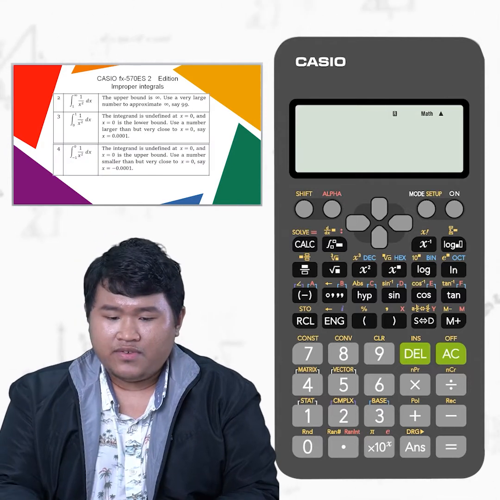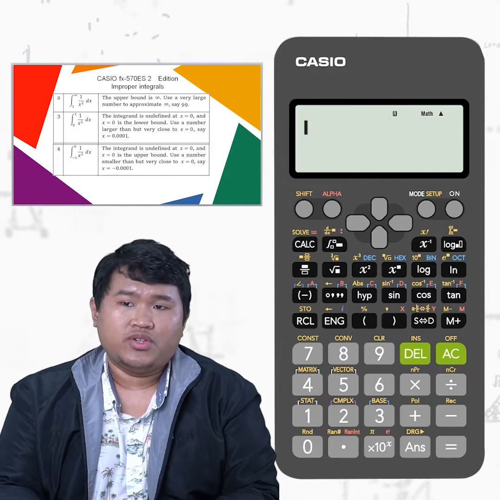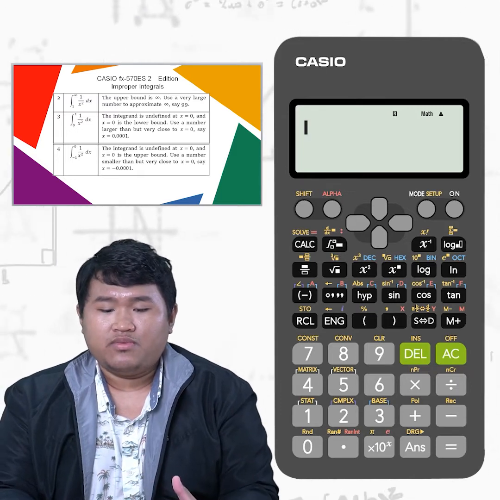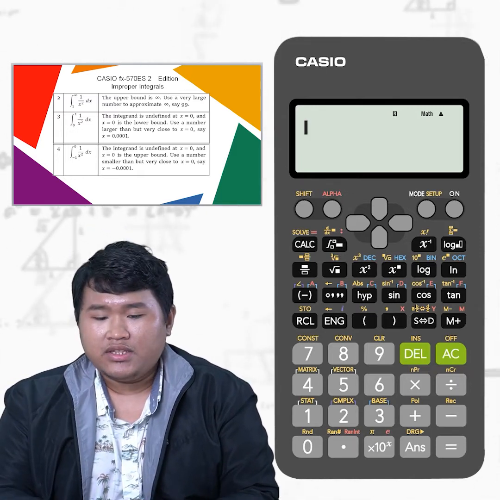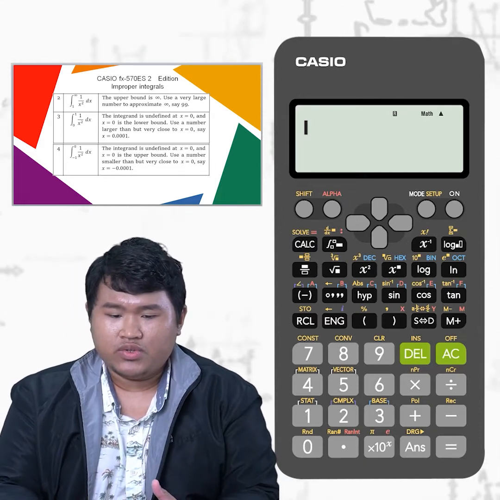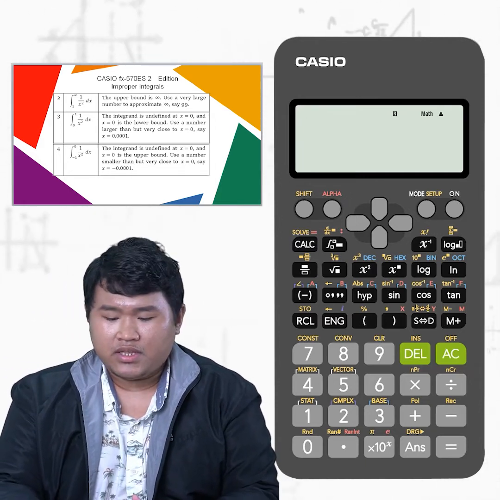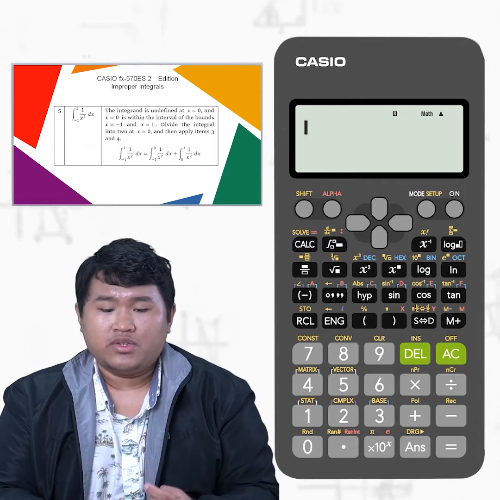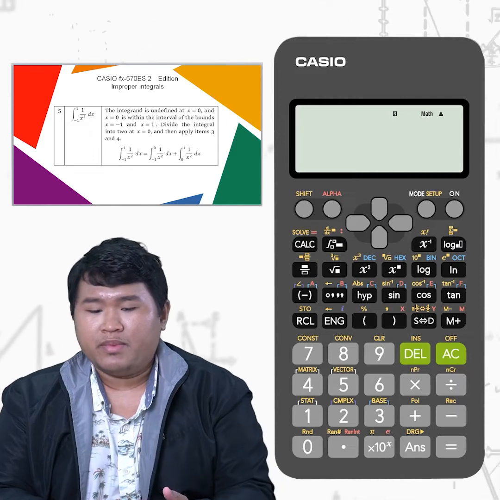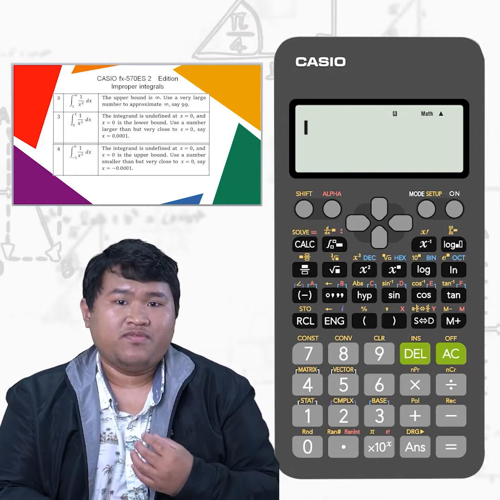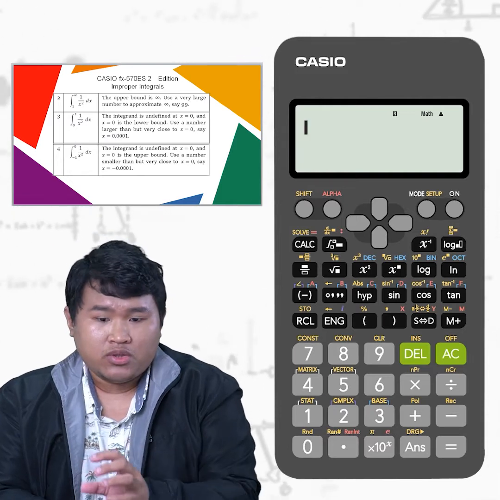And then, if you encounter an expression that has a value of x which is undefined at a certain point within the interval of the bounds, then we will have to split it between these two bounds, as shown in this case 5. Now, if this undefined value occurs at one of the bounds, either the lower bound or the upper bound, then we will have to approximate it with something that is very close to that number, but not equal to it.